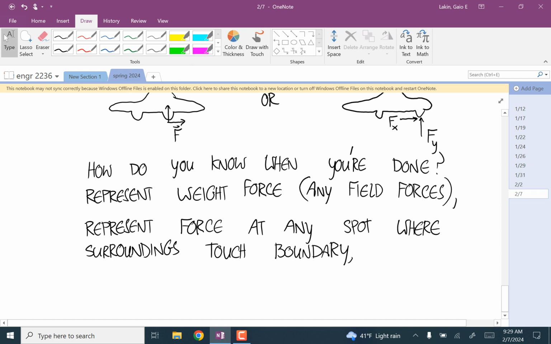And once you've done those two things, like once you've put in the weight force, imagine going around the boundary and finding there's contact here, here, here, and here, and you've dealt with all those, you're done.